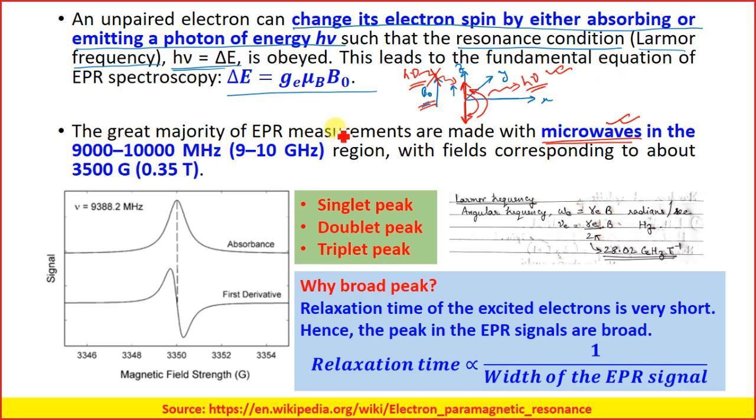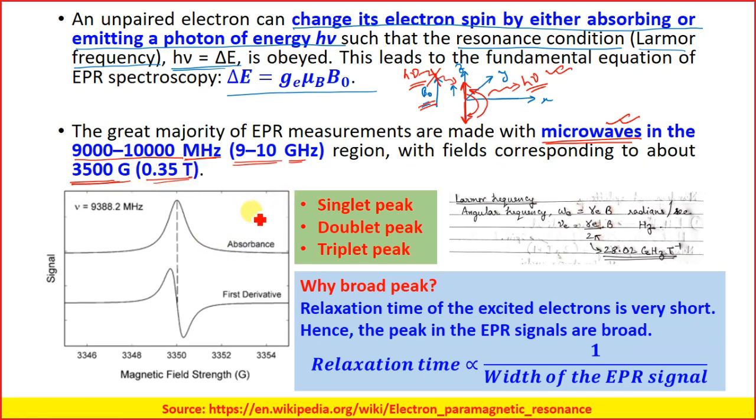The great majority of EPR measurements are made with microwaves in the region of 9000 to 10,000 megahertz, or you can say 9 to 10 gigahertz, with fields corresponding to about 3500 Gauss, which corresponds to 0.35 Tesla.